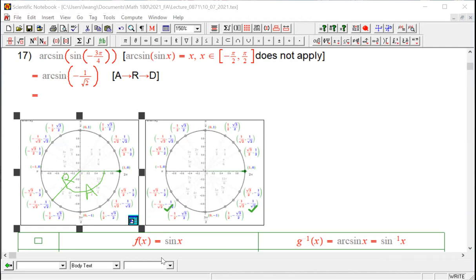But this is the ArcSine. ArcSine is one-to-one. It doesn't allow me to do anything in the third and second quadrant. So this is out. Your angle can only terminate in the first quadrant or the fourth quadrant.